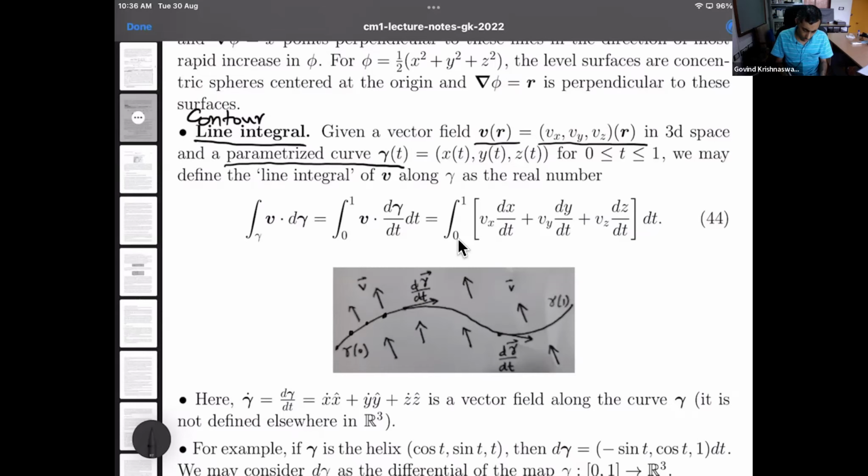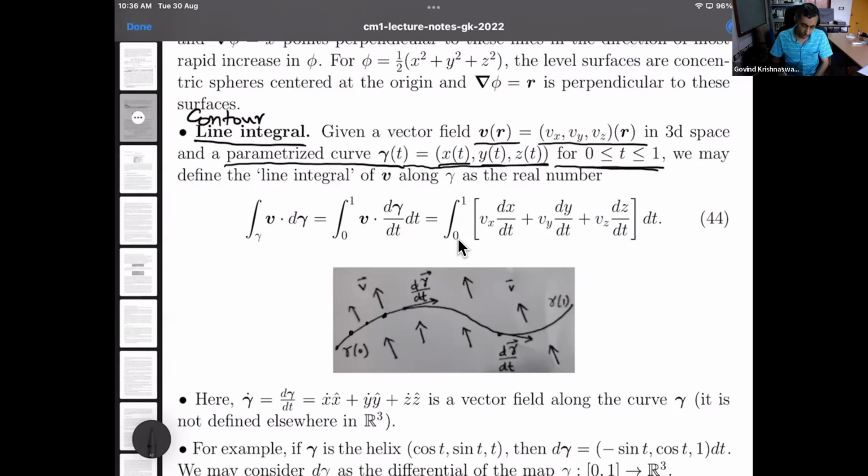Gamma is a curve, so at every time t, it is located somewhere, and we will call that place x, y, z. Those are the Cartesian coordinates of the point on the curve. Let us parameterize the curve by t, and suppose the parameter is chosen to run from 0 to 1. That is just for convenience.